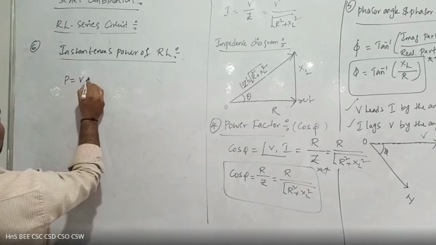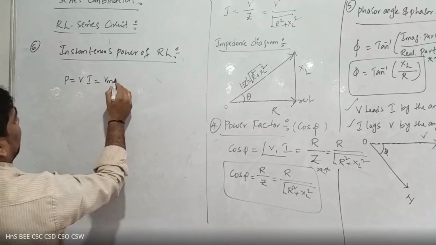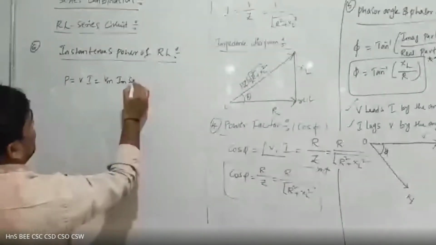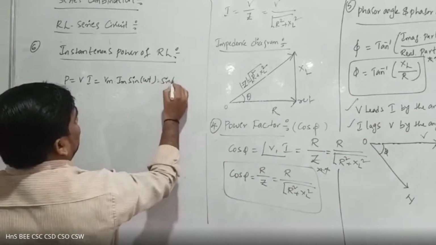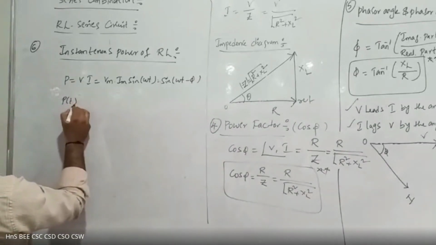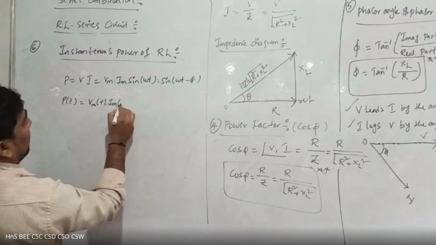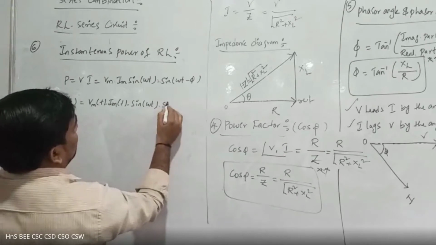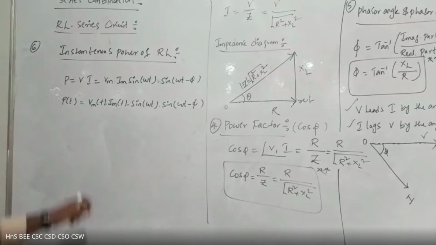P equal to V into I. V into I is nothing but Vm into Im sin omega t into sin omega t minus pi. Just write it in terms of t: P of t equal to Vm into Im into sin omega t into sin omega t minus pi. So this is our instantaneous power.